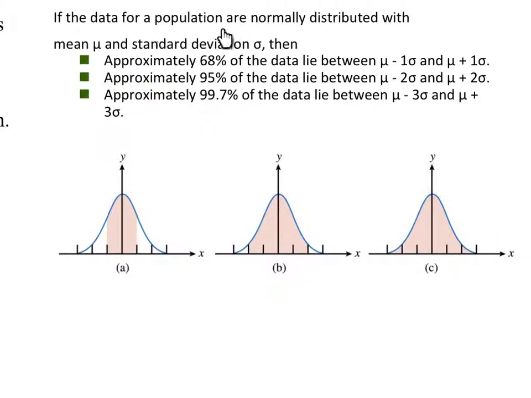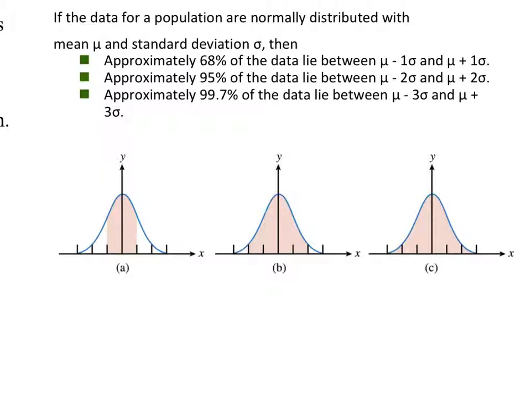If the data for a population are normally distributed with a mean of mu, so that's another symbol for the mean, this means the mean of the population, whereas x bar is the mean of the sample, and standard deviation sigma, then approximately 68% of the data lie between the mean minus 1 standard deviation and the mean plus 1 standard deviation.